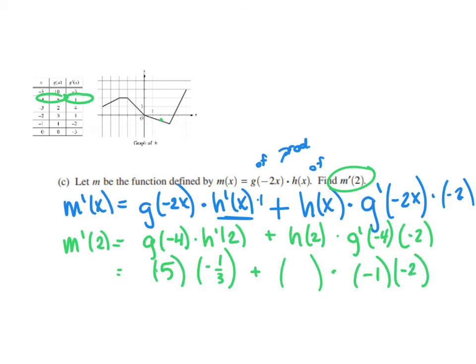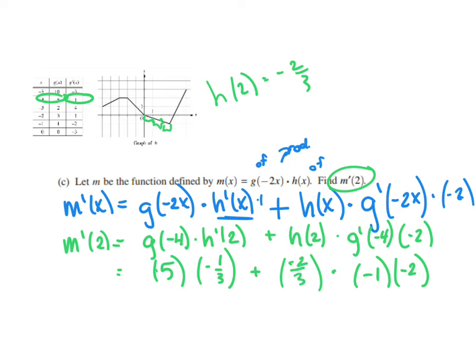So now I just need to figure out h of 2. And actually, since we know the slope, that point is very easy as well, because each of these goes down negative 1/3. So that went down negative 1/3, that went down another negative 1/3. So if I went down negative 1/3 twice, h of 2 would be equal to negative 2/3.